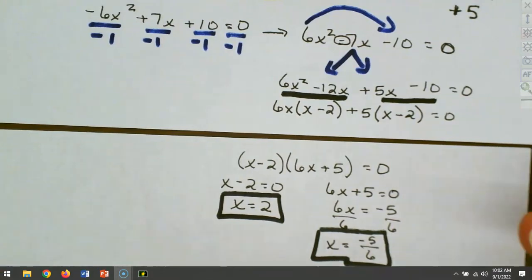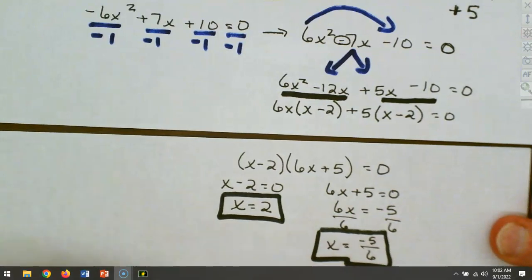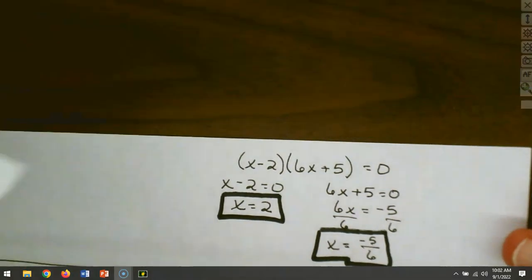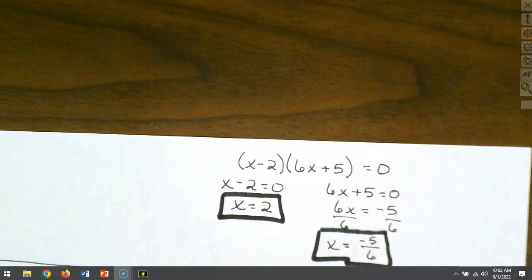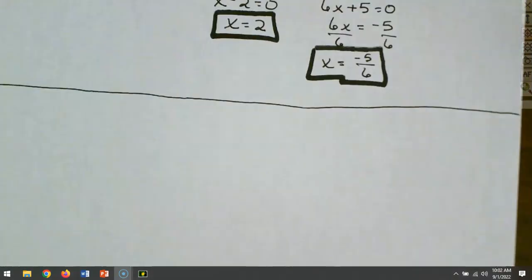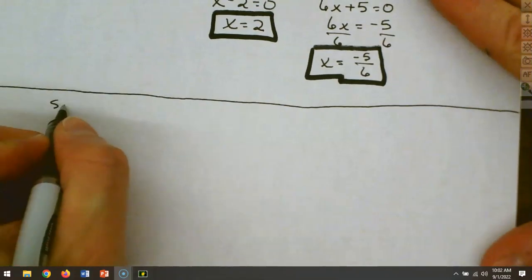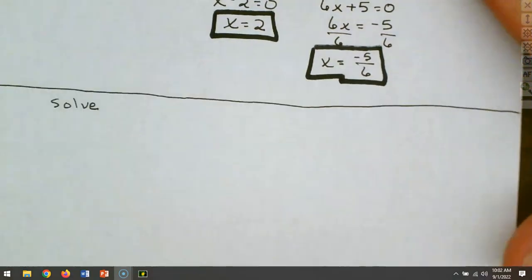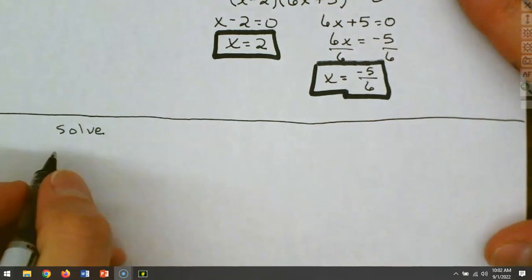I want to create a more difficult one to factor here. So the next one I'm going to give you, I'm trying to give you something with larger numbers. Let's see. I'll start with something. How about we try to solve this one? Again, solve with zero factor. So I'm going to make up a new one for us to look at.